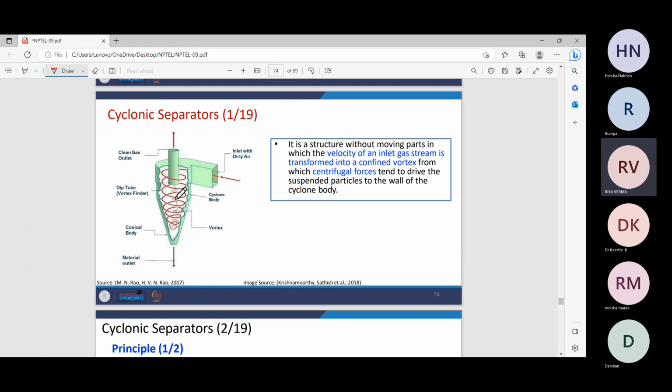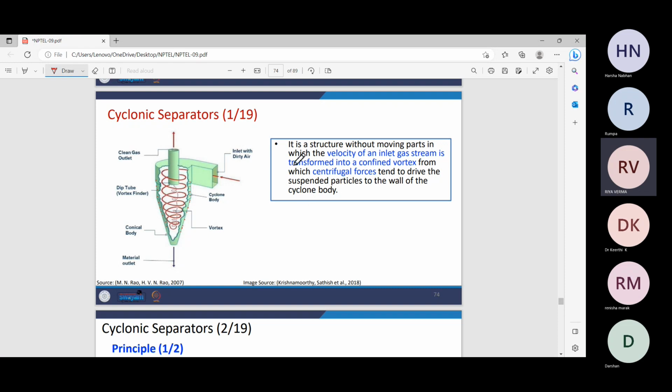Due to those centrifugal forces, they get thrown away from the center and stuck to the outside lining, or the wall of the cyclonic chamber, and tend to move downwards. As they move downwards, they get collected onto this collection hopper, and this is the material outlet. This clean gas, after coming downwards, then moves upwards from this clean gas outlet.